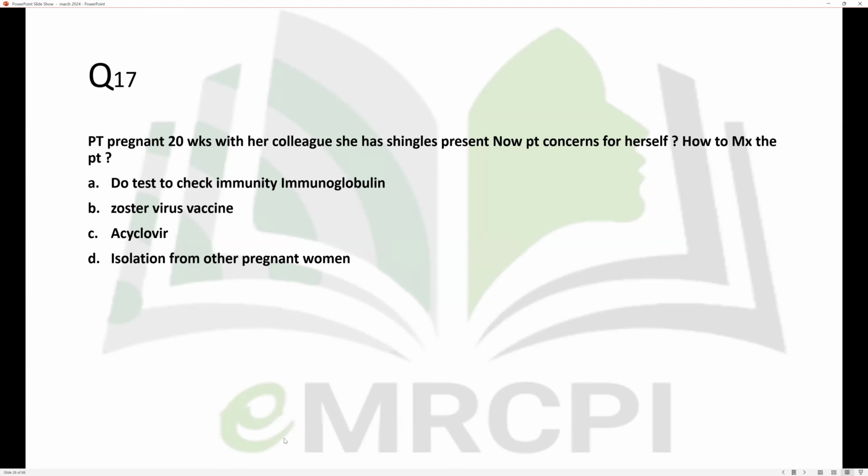You need to check for the immunity. Otherwise, if she is immune, what will you do? Just reassure, right? So this would depend on the immunity status of the patient, correct? And then after that, I can proceed whether to give her post-exposure prophylaxis or no need, right?